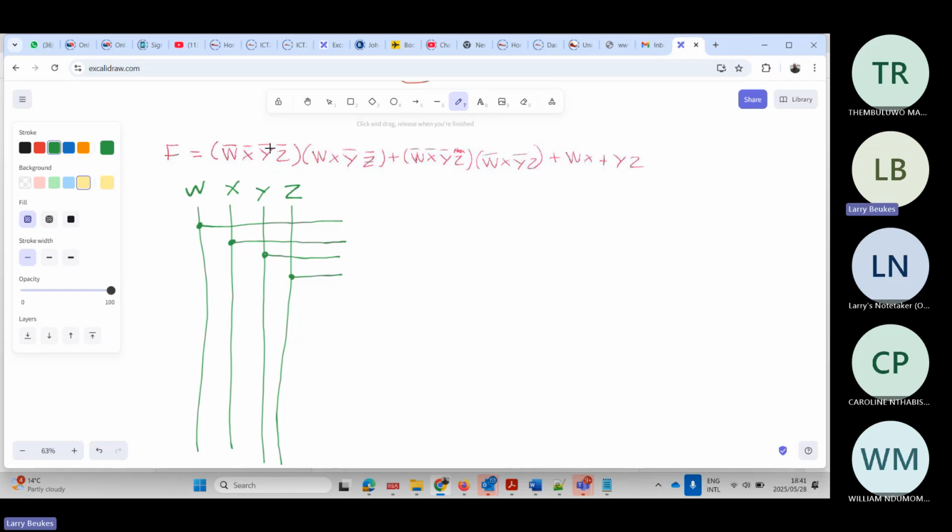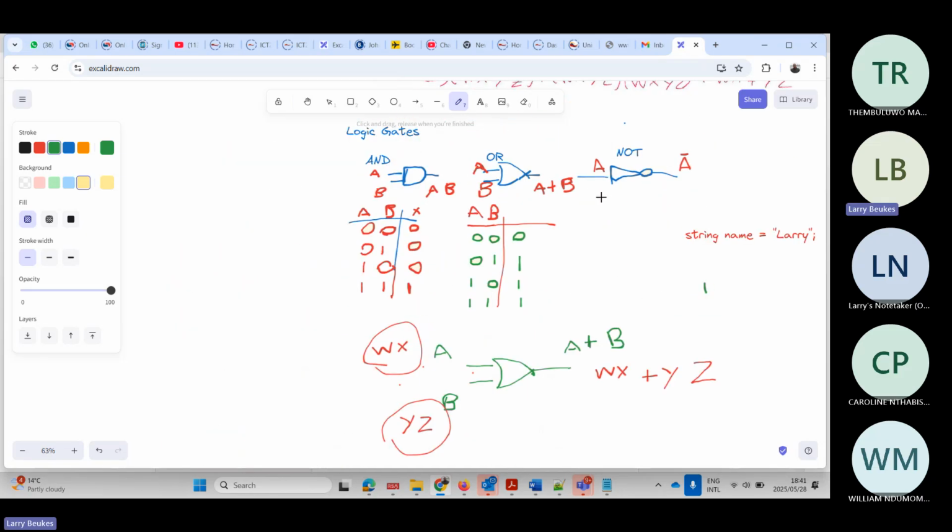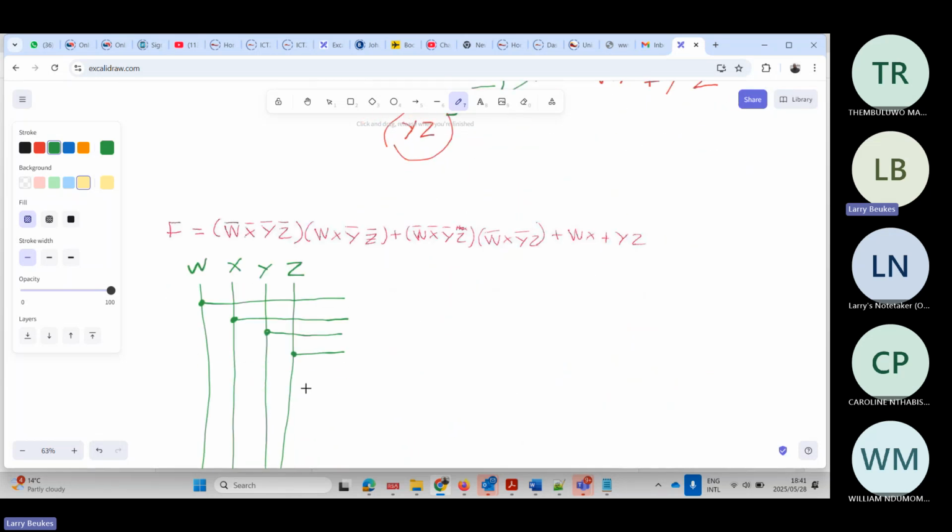But now, we know this is an AND gate, but W is inverted. There's a complement there, right? So which gate is that? It's this one. For example, W not. So we need to invert all of this to get this output, right? So we invert with a NOT gate or inverter.